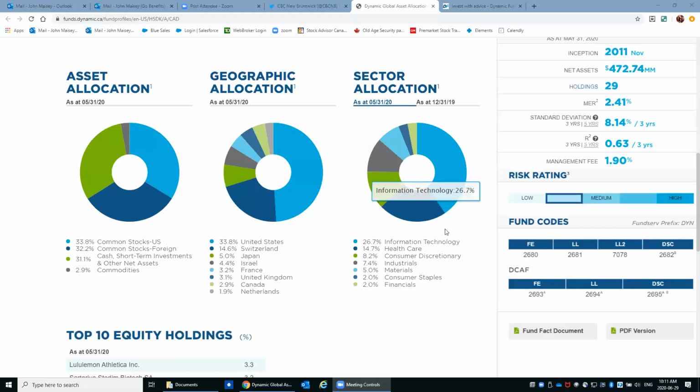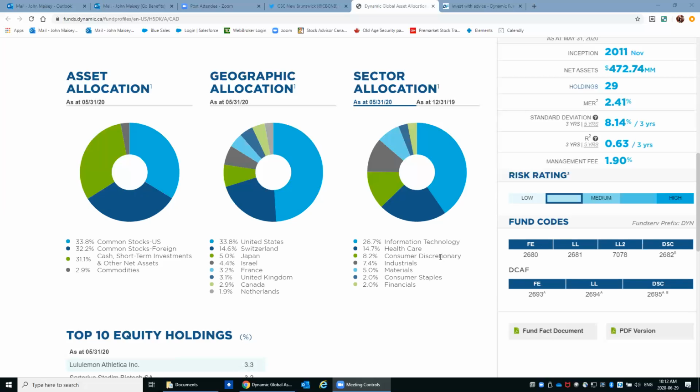Sector allocation, they're saying in this particular fund, 25% of your money is going into IT. So that could be the FANGs, Facebook, Alphabet, Netflix, Google, those type of things. Healthcare, it could be people developing vaccines, those type of things. You'll see companies like Pfizer, Johnson & Johnson in there.